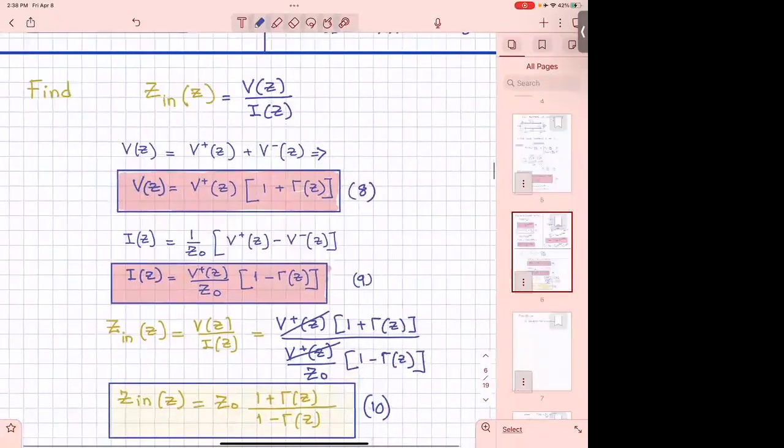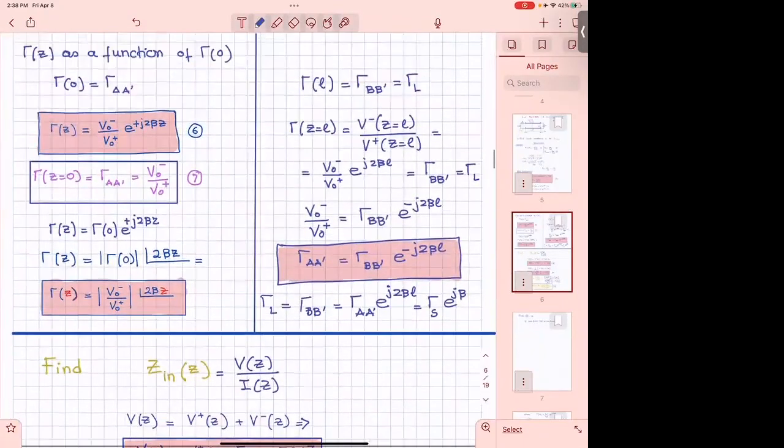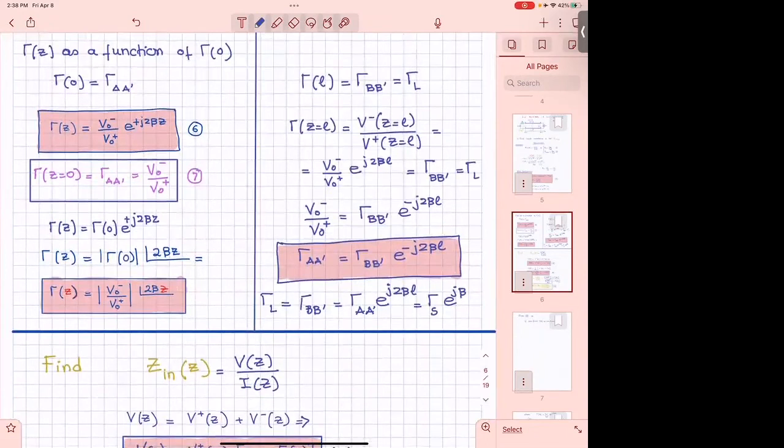And from before, look at these two expressions for the reflection coefficient, here and here.